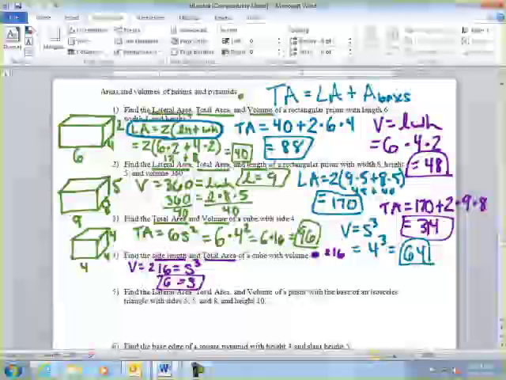Total area then, our formula is 6 times side squared. So 6 times 36 gives me what?